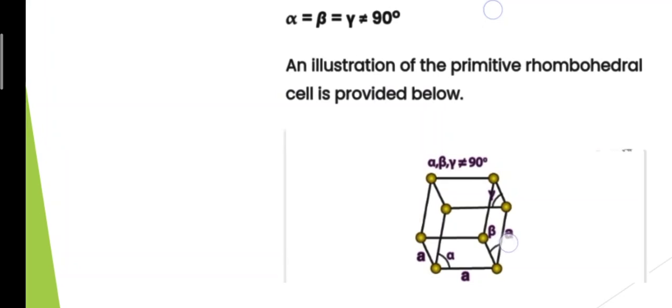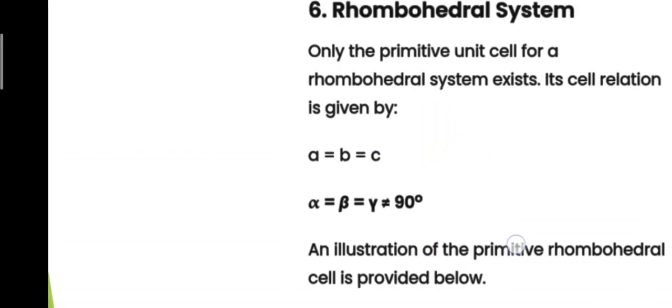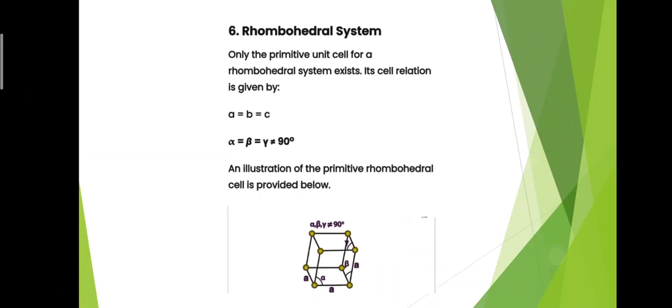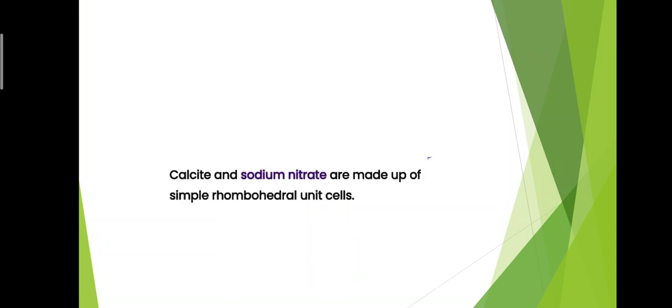Calcite and sodium nitrate are made up of simple rhombohedral unit cells.